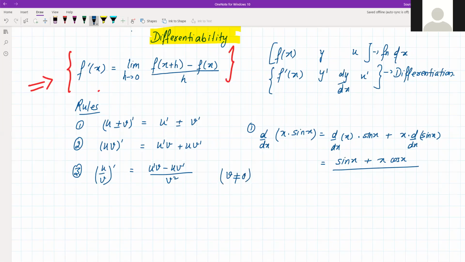Now if you see the third and second rules, the numerator part is exactly the same. The only difference is there is a plus sign in the product rule and a negative sign in the quotient rule, or the third formula. In the third rule, there is a negative sign, which means we are subtracting two things. So if you reverse the order, your result will be different.